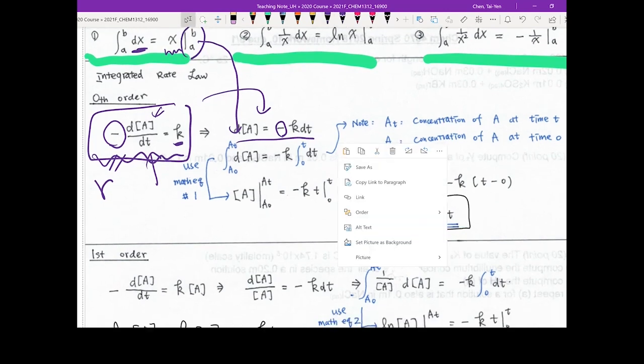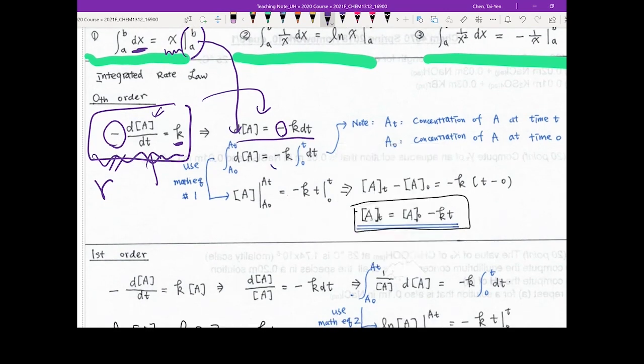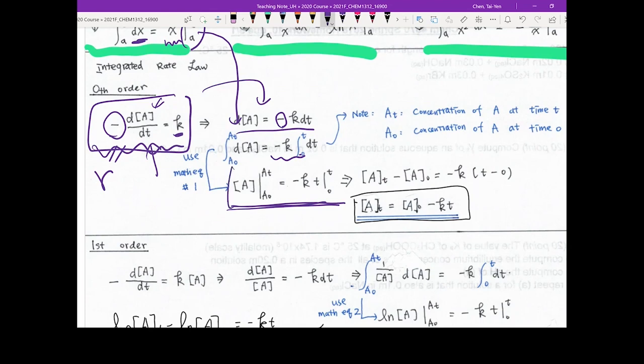From there, once you do the integrations, you get back to here. What this means is equivalent to this. That means I want to calculate the difference of your A between time t and time 0.